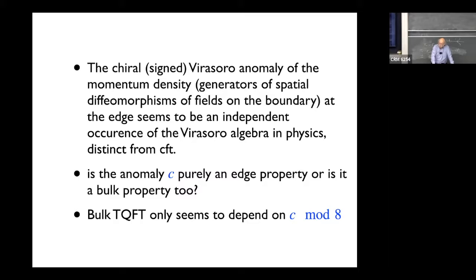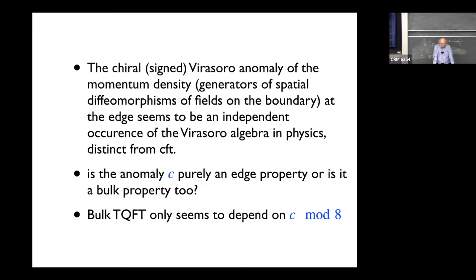I'm not quite sure about the issues of modding or cosetting and things, but the basic issue then is that the bulk TQFT, its basic defining relations, don't depend on C directly, they depend on the exponential of 2 pi i C over 8 or something.